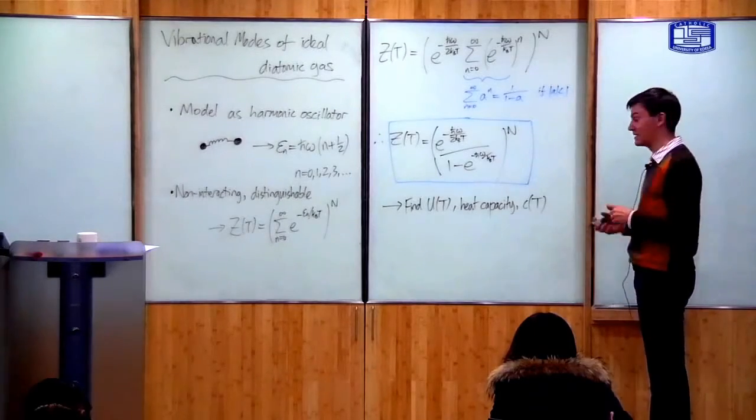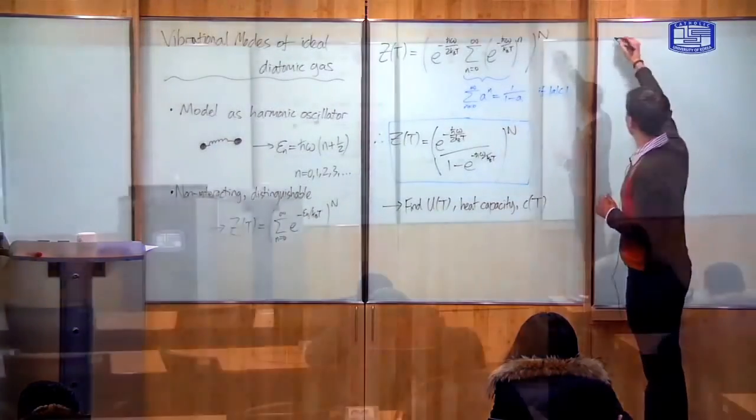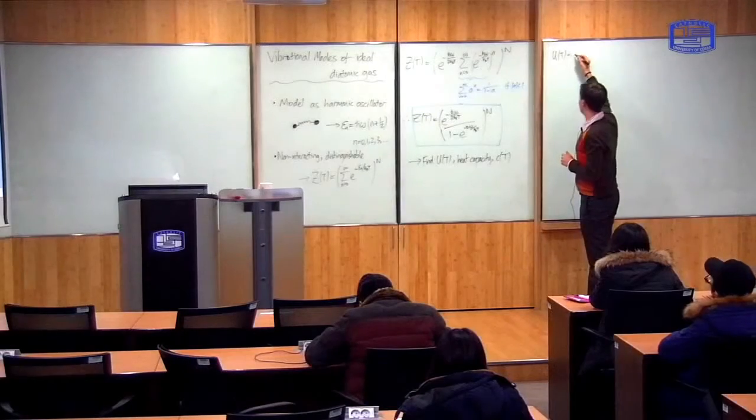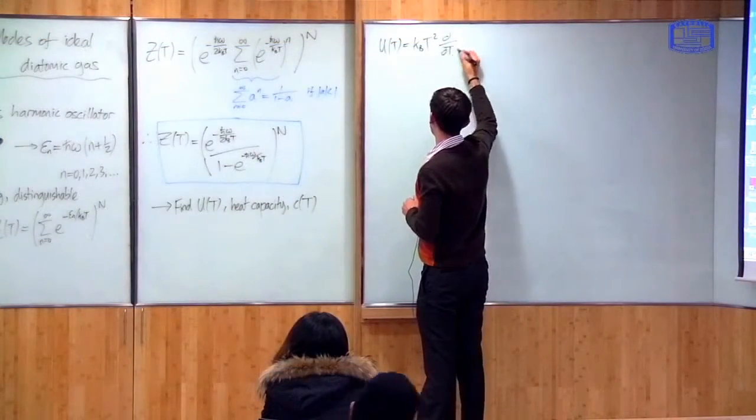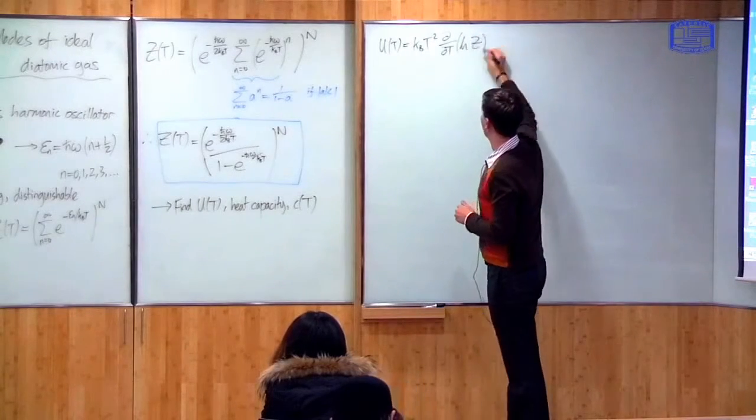Okay, and then this is again exactly the same as on the quiz. U of T is kBT squared d by dT of the log of the partition function.